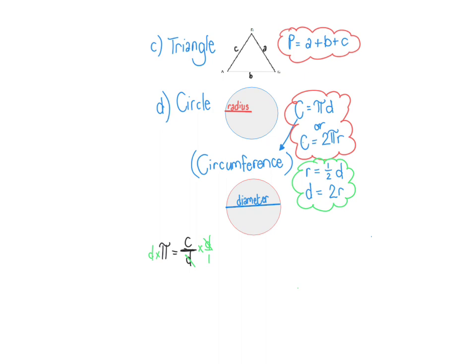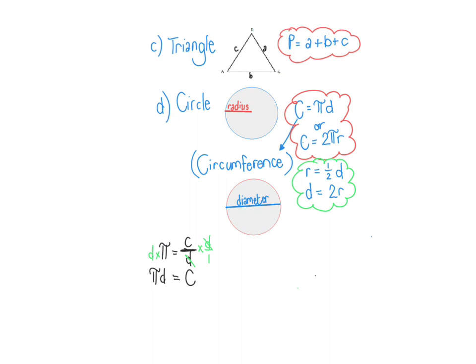So that's my inverse operation to isolate c, and then pi times diameter is equal to the circumference. So they realized, oh, then we don't have to use a string every time and measure the circumference. We can just calculate it. We just have to know what the diameter is, and that's easy enough to measure.